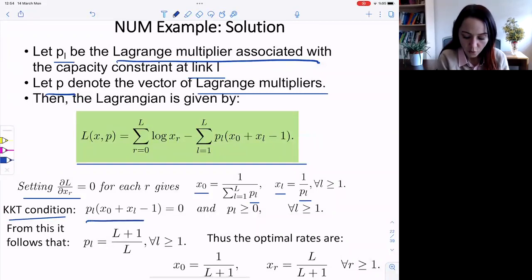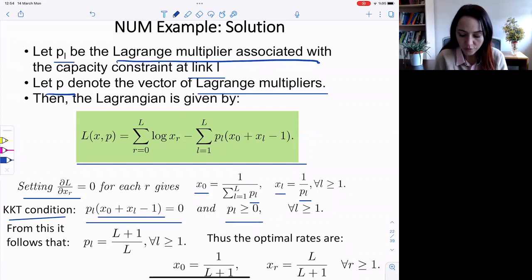Now, also remember the second condition in the KKT conditions. Lagrange multiplier times this should be 0 whenever the Lagrange multiplier value is greater or equal to 0.